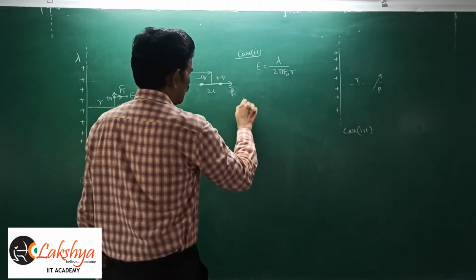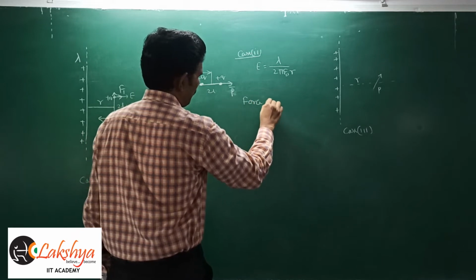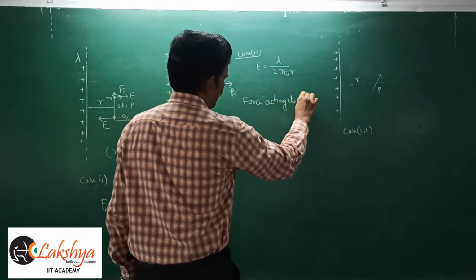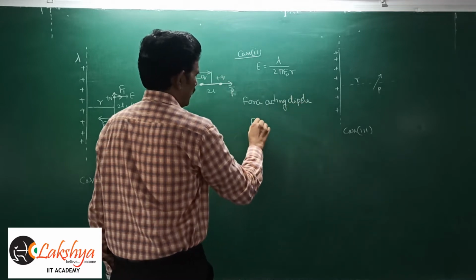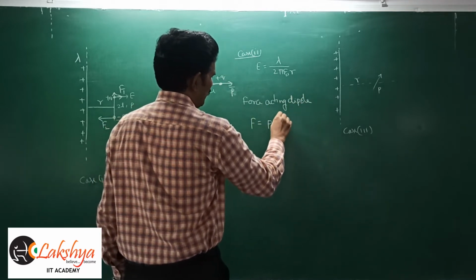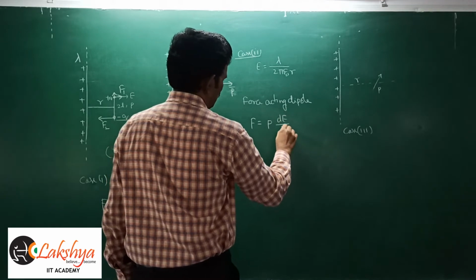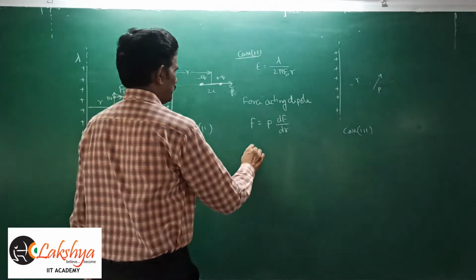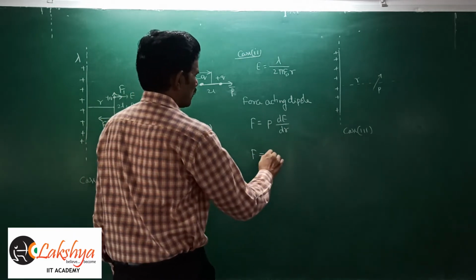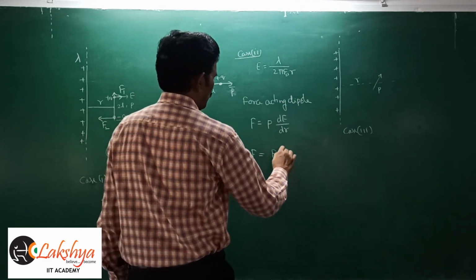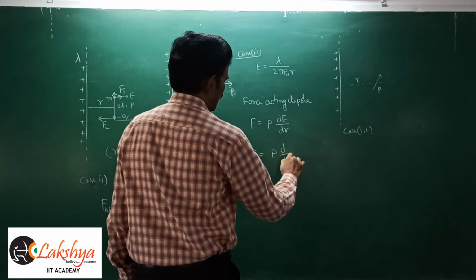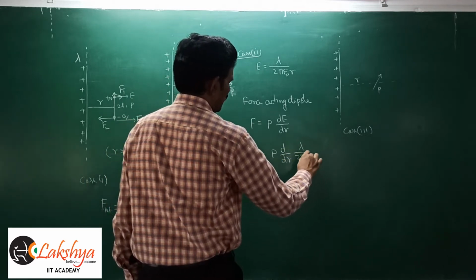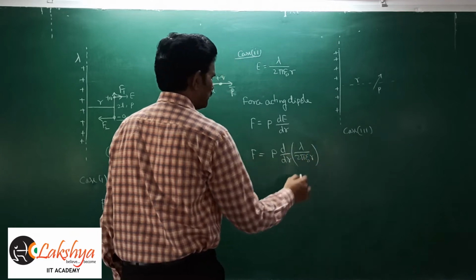The force acting on the dipole we can express as F is equal to P into dE by dr. So this is nothing but F is equal to P into d by dr of E, substituting here lambda by 2 pi epsilon naught r.